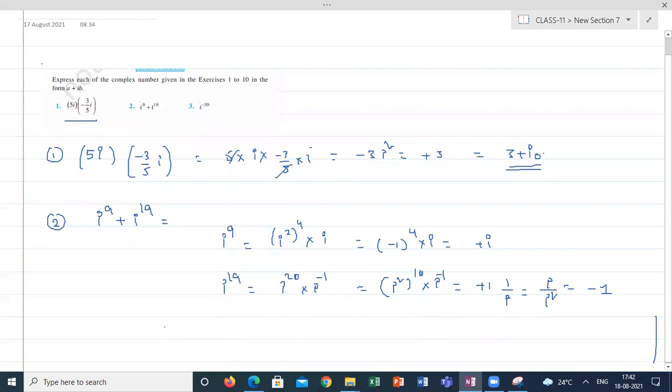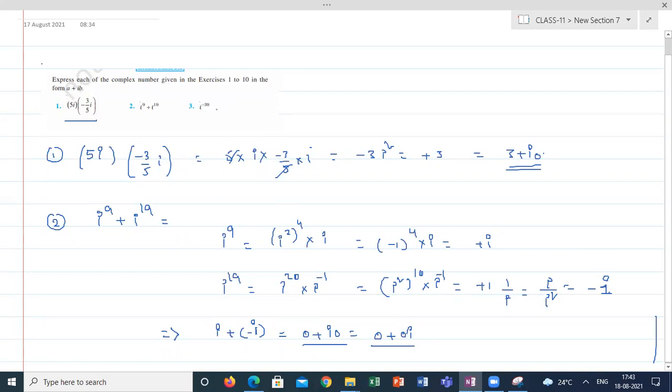So if I apply these values in the given expression, I will get i plus minus 1, sorry, minus i. i minus i. So what is the answer, guys? 0 plus 0i.